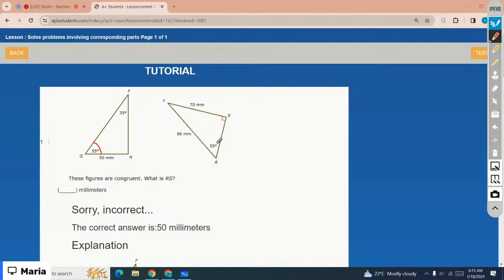Just match the corresponding angles, right? Angle G corresponds to angle R, angle H and angle S are the right angles, and angle F corresponds to angle T. So if GH is 50 millimeters, then RS is also 50 millimeters because both the triangles are congruent. Got it?